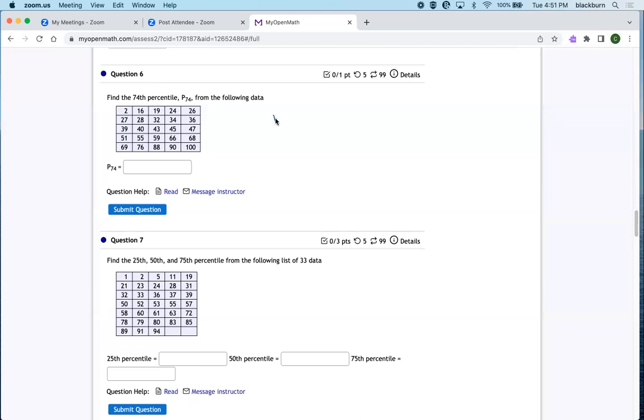So the N is 25, and you want P74. So I is going to be 74 over 100 times 25 plus 1. And that's going to give you the position you're looking for. So let's see what position that's going to be in.